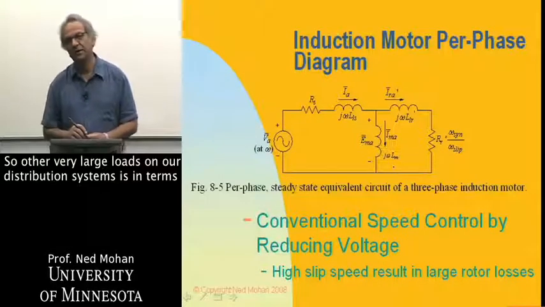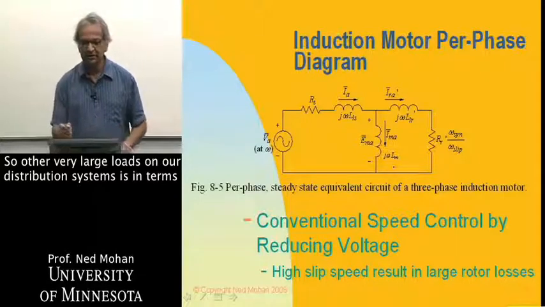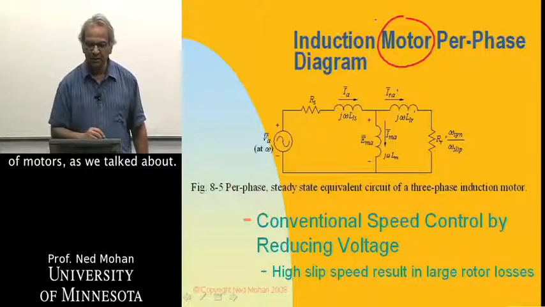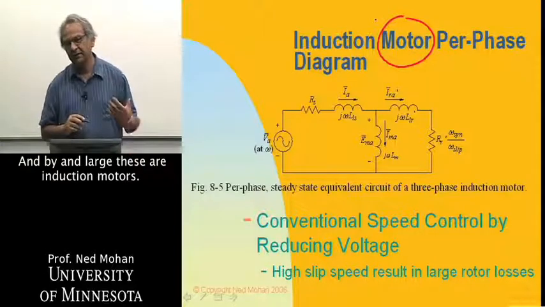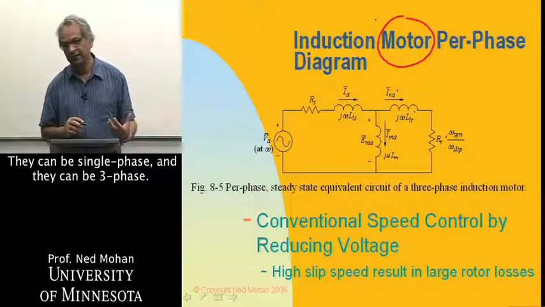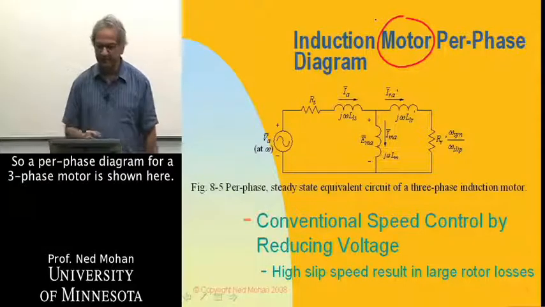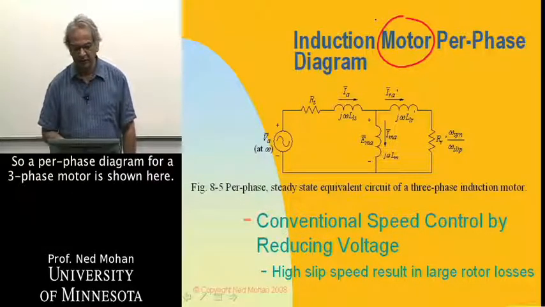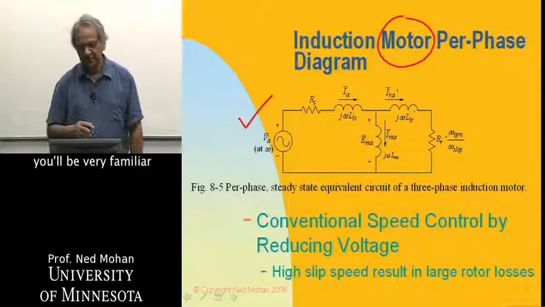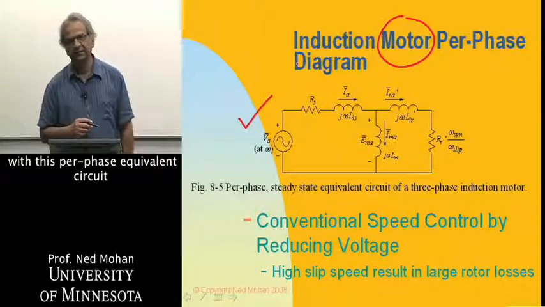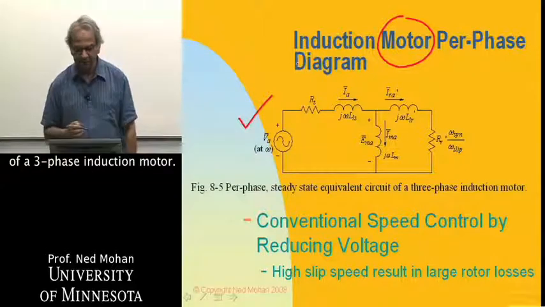So another very large load on our distribution systems is in terms of motors, as we talked about. And by and large, these are induction motors. They can be single phase and they can be 3-phase. So a per phase diagram for a 3-phase motor is shown here. And if you have taken any machines course, you will be very familiar with this per phase equivalent circuit of a 3-phase induction motor.